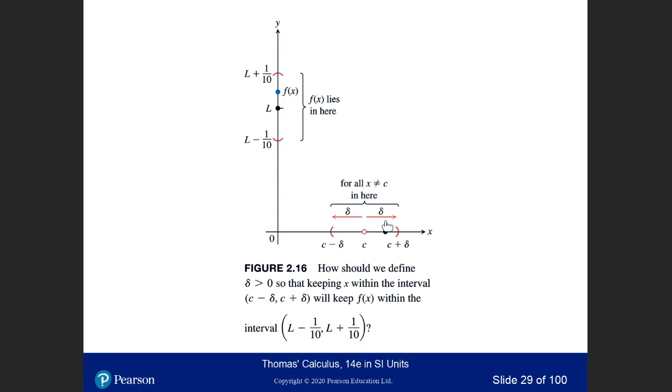Now c is here. I choose a symmetric interval around c, and for all x here, my function value must be within these two limits. Okay, I know we have shown how to find delta algebraically, but that's how you find it geometrically.